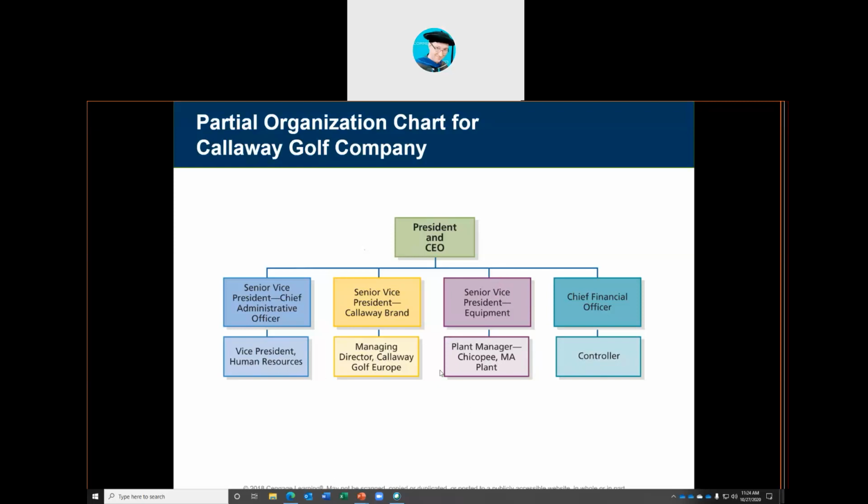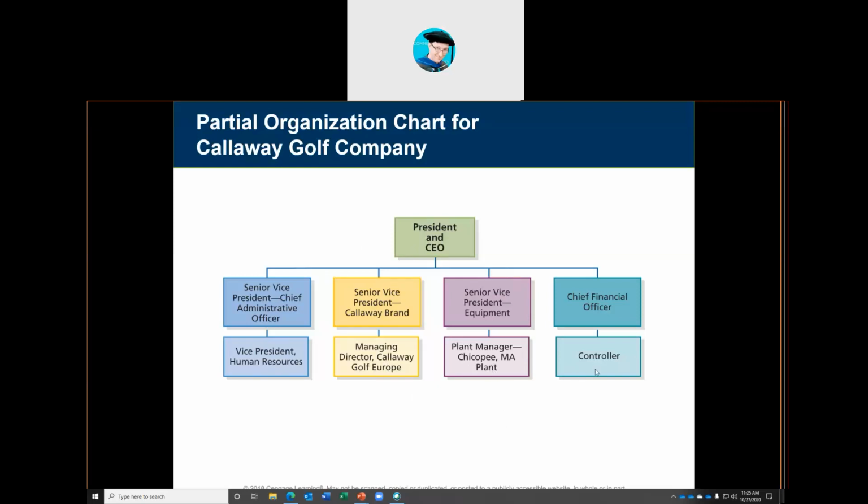And then if the organizational chart kept going, under the vice president for human resources, you'd have payroll, onboarding. So these are other positions, right? Under the director for the brand, you would have a manager for each brand and each area. Under the plant manager, you might have line managers.